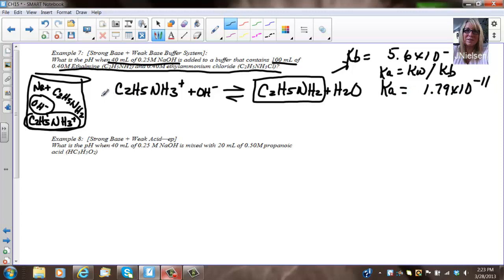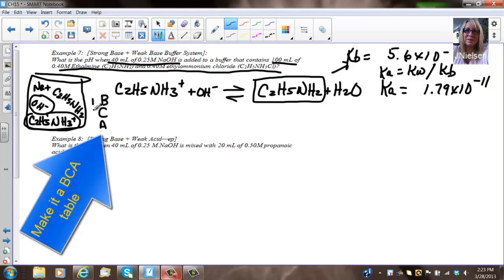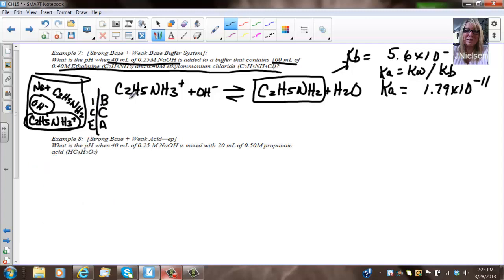Now we look at our changes. I'll label this and I'll put the ice out here. Beforehand I've got 40 times 0.25, which is going to give me 10 millimoles of hydroxide. And I've got C2H5NH3 plus, which is going to be 100 times 0.4, which is 40.